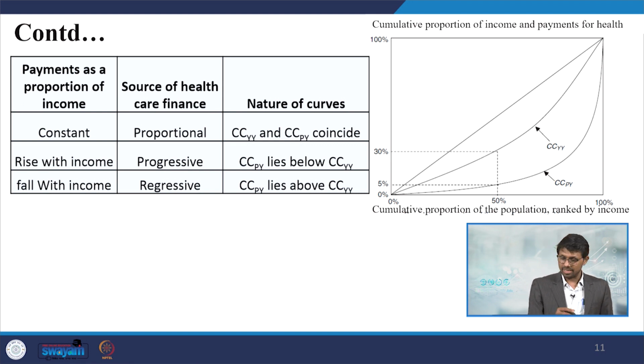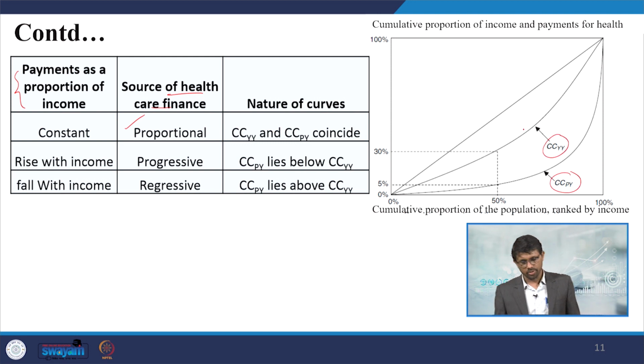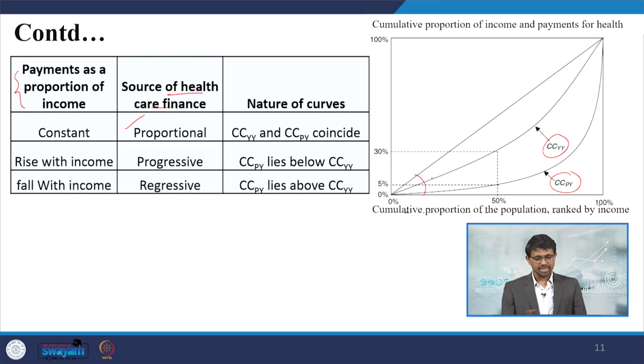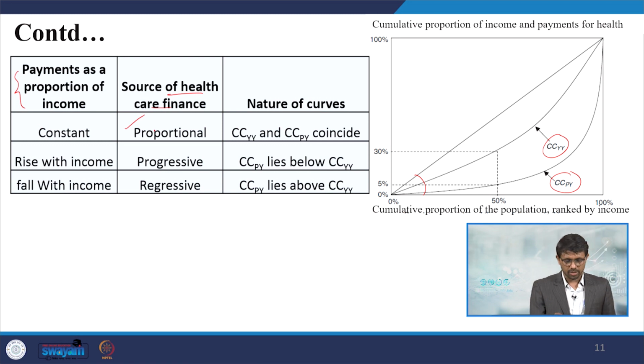So, if income is constant, and the sources of healthcare finance are proportional, that is constant, then these two are going to be equal. These two are the same. When I say inequality is perfectly the same in both cases, then that will be coinciding with the 45-degree line. Otherwise, if the changes are proportional and income proportion is also constant, then these two lines are coinciding.